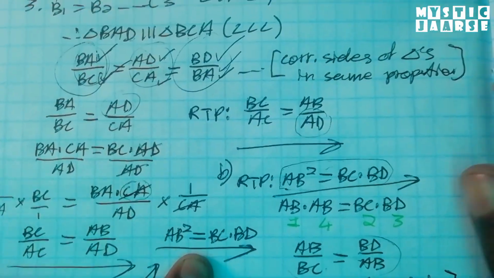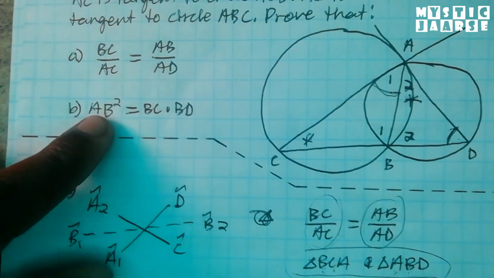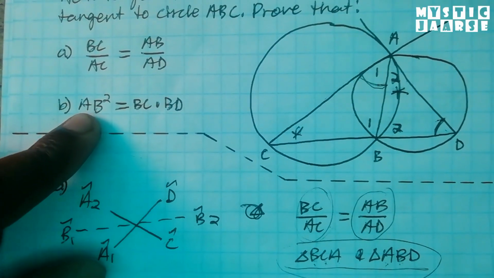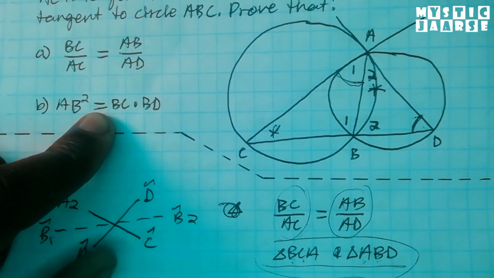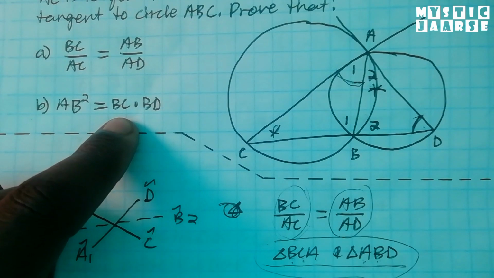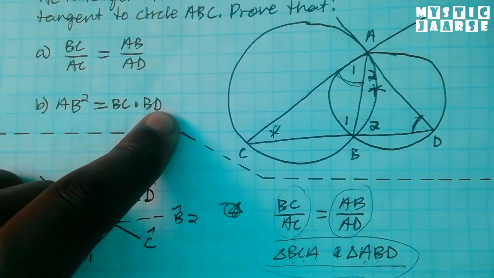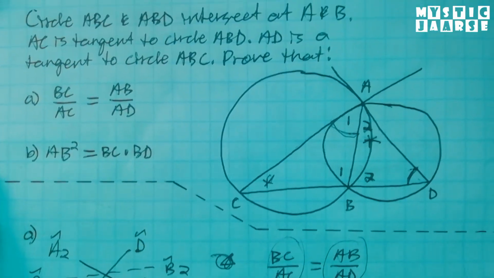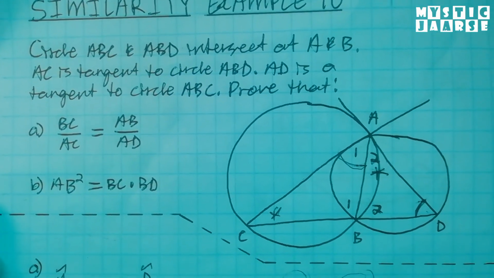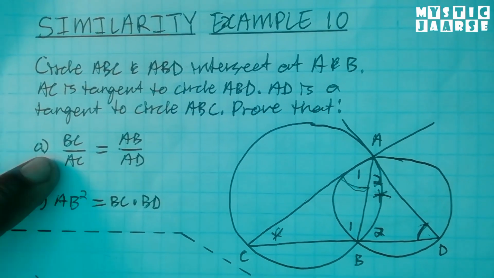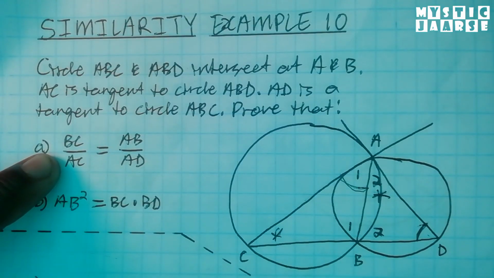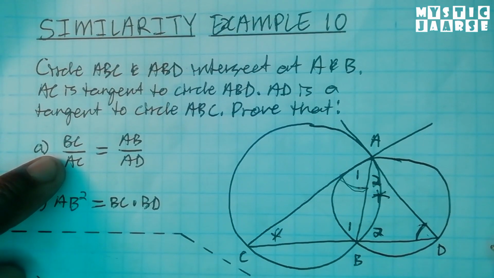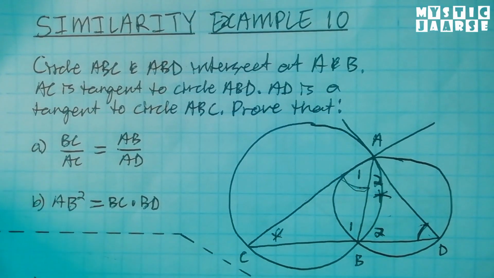So we have proven that this side multiplied by itself is proportional to this pair of sides when they are multiplied together. So this is how to solve similarity questions when they don't ask you or show you which triangles are similar and which sides of the two triangles are corresponding.